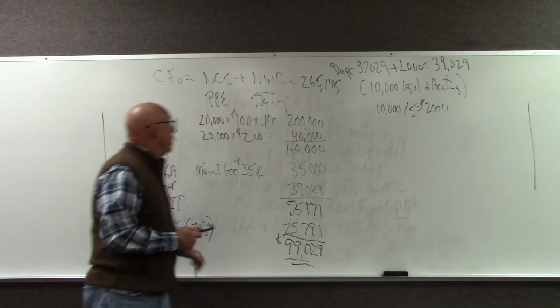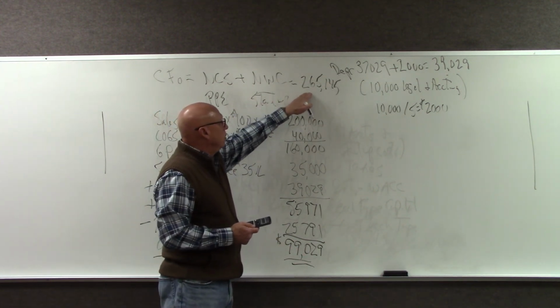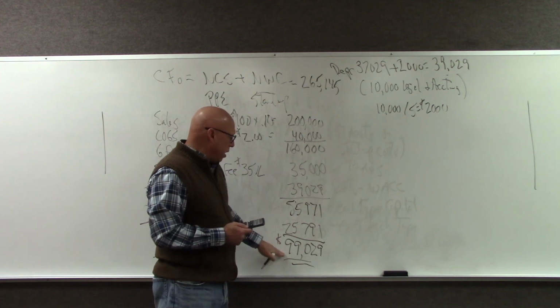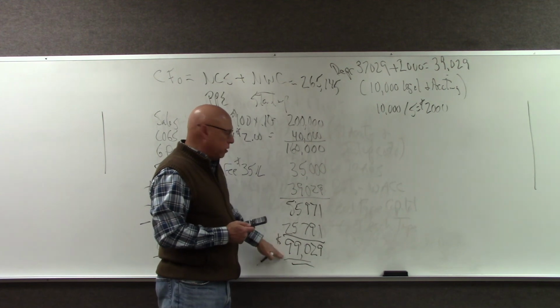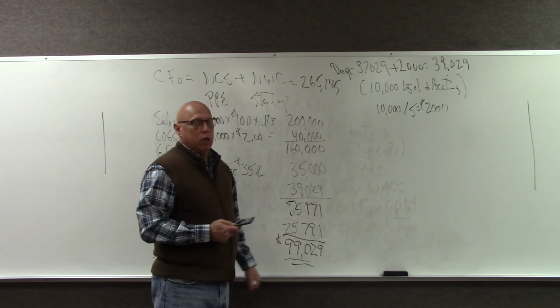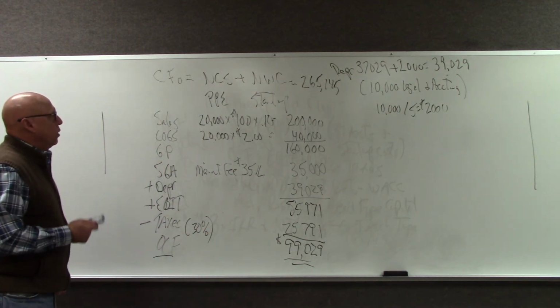So we're going to spend $265,145 in order to generate 99,029. So we're spending $265,000 to generate $100,000 a year in cash flow, for 5 years. So we've got our cash flows.